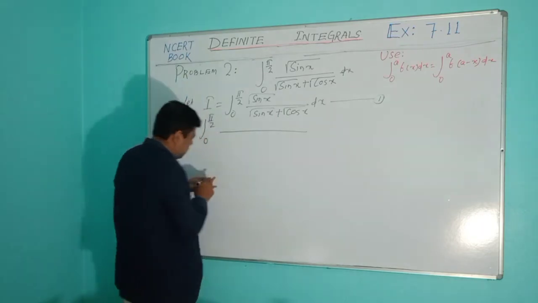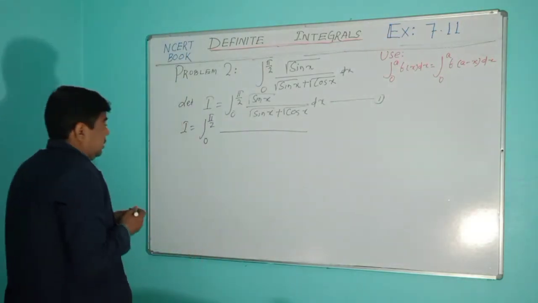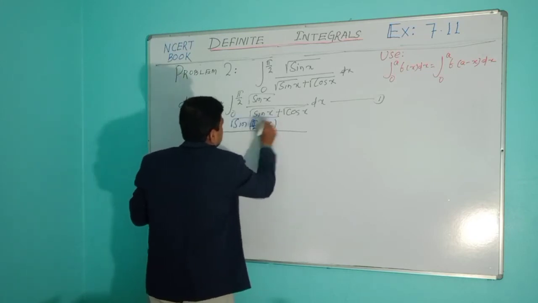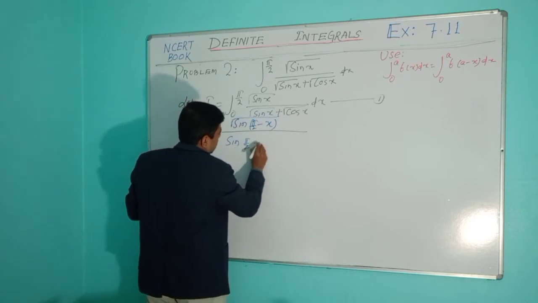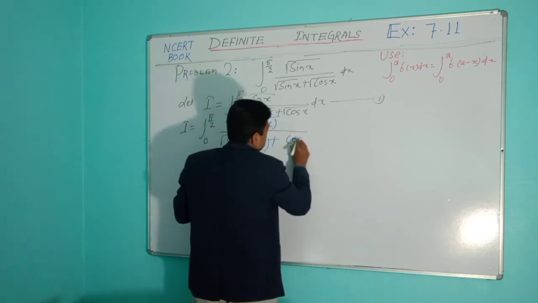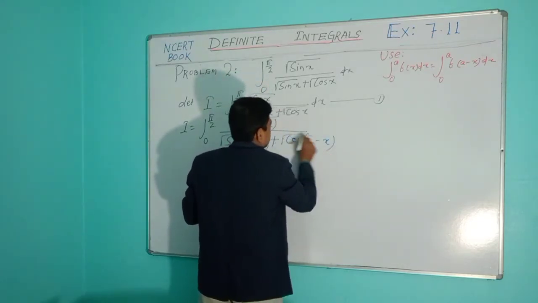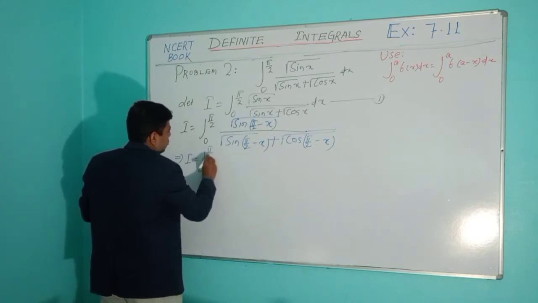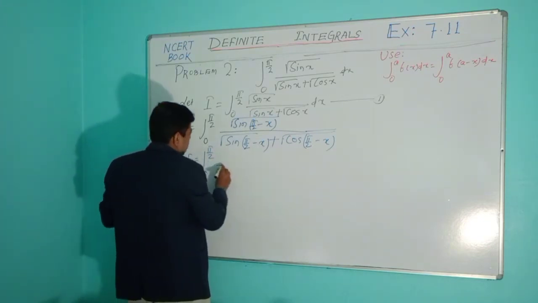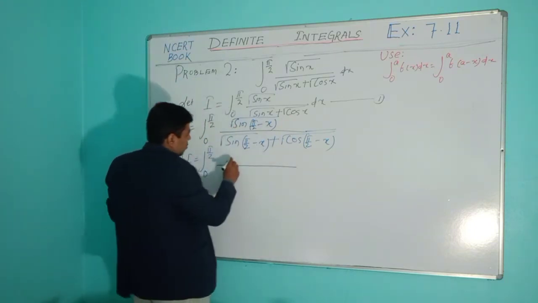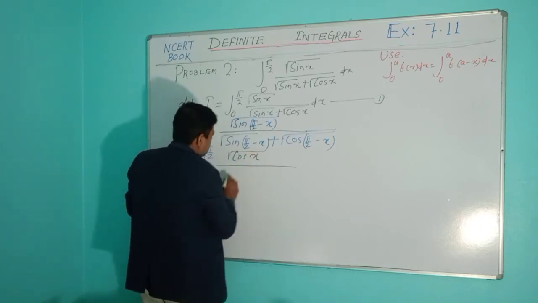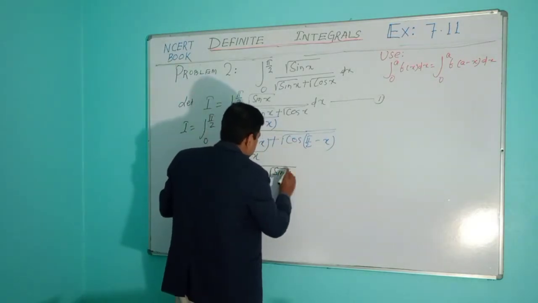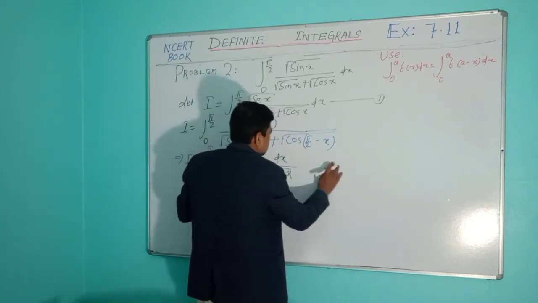Now we can write root sin x as root sin of pi by 2 minus x, and similarly root sin of pi by 2 minus x plus root cos of pi by 2 minus x. So I is equal to the integration of 0 to pi by 2. Sin of pi by 2 minus x is cos x, so we get root cos x, and similarly root cos x plus, cos of pi by 2 minus x is sin x, root sin x, dx. This is equation number 2.